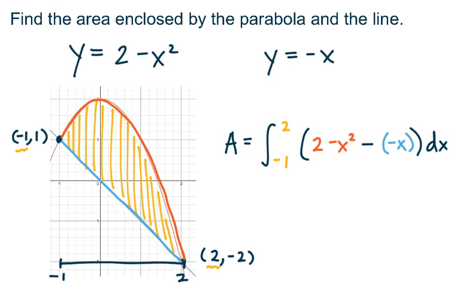One question I get here is that part of this region is above the x-axis and part is below, so why don't we have to include absolute value? Well, if we're subtracting a negative region, subtracting a negative makes it positive. So we don't need to use absolute value for area between two curves. That's only when we're trying to find the area between a curve and the x-axis.